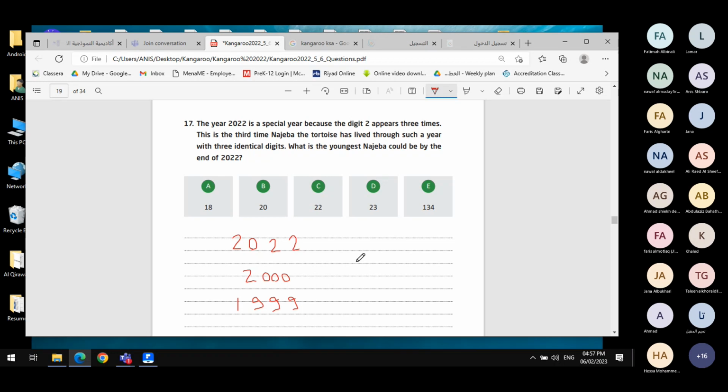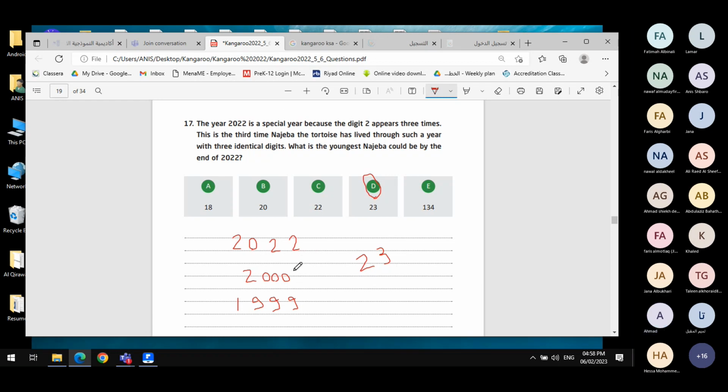Yes, what is the answer? 23. Yes, of course. So we are going to subtract 2022 minus 1999. It will be 23, which is the answer D. How?